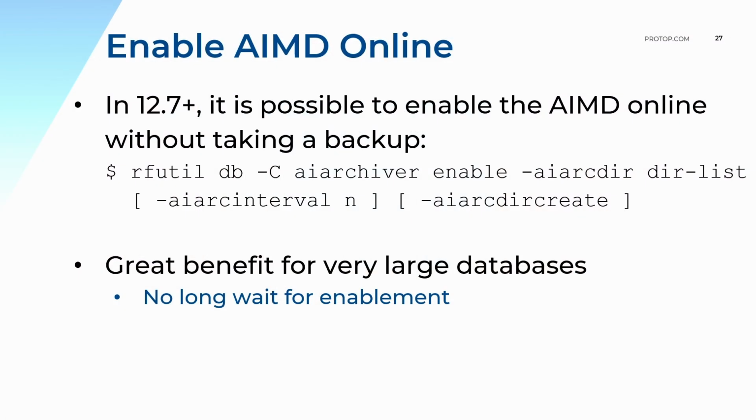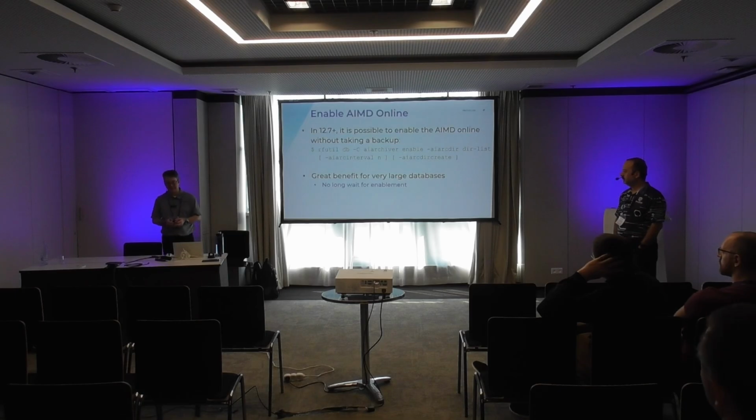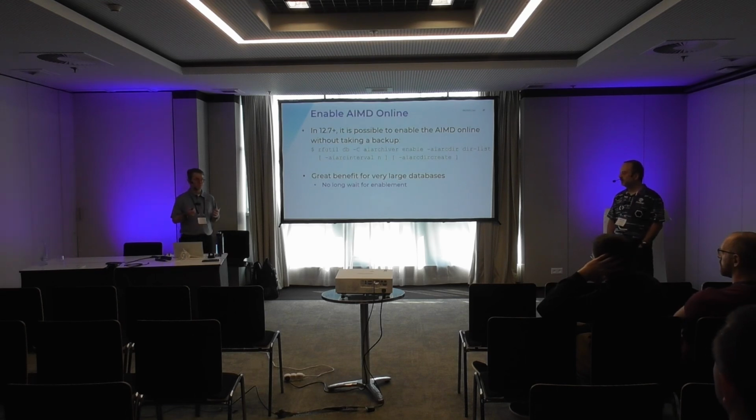If you're on a very recent release, in 12.7 and later, you don't have to take a backup to enable the AIMD. This is a feature request that was outstanding for a while, and it's really important if you have a huge database, if you have a 2 terabyte database or something like that, running pro backup is pretty invasive.